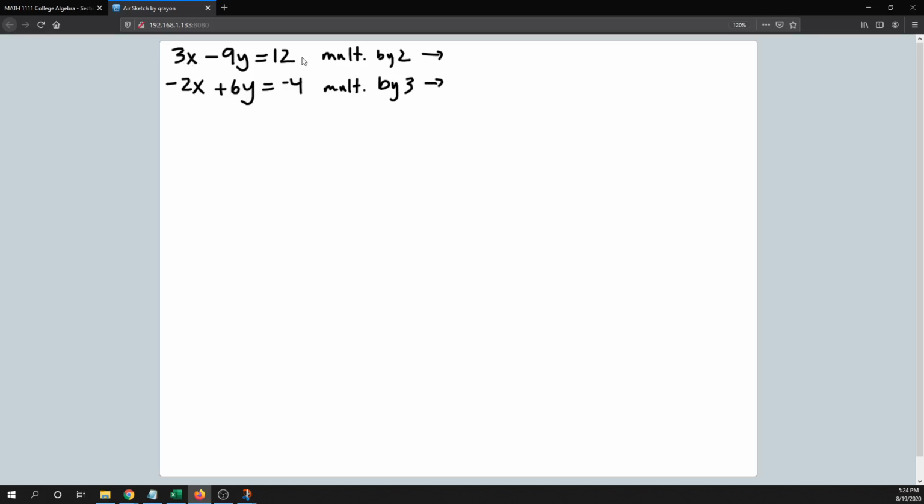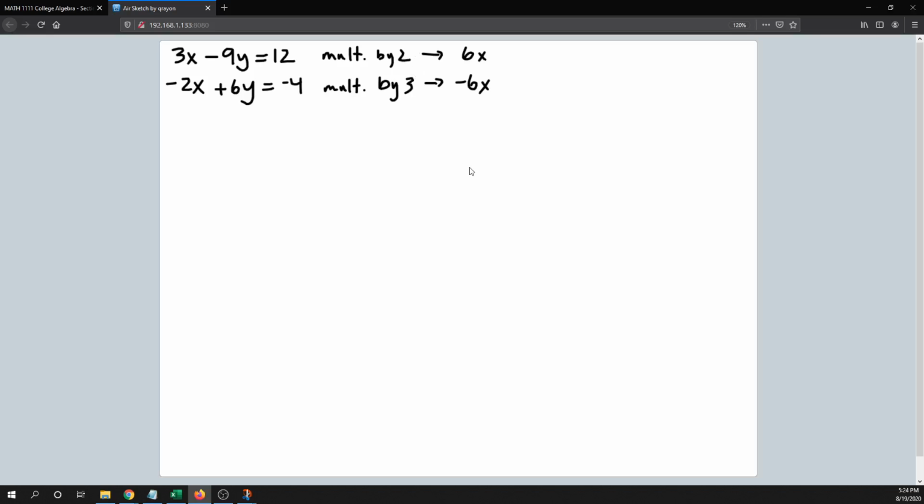So multiplying 3 by 2 will give me that 6x in the first equation, and then multiplying this negative 2x by 3 will give me a negative 6x. And there I have the situation that I want, right? I want these to be opposite of each other. So that's why I pick these particular numbers.